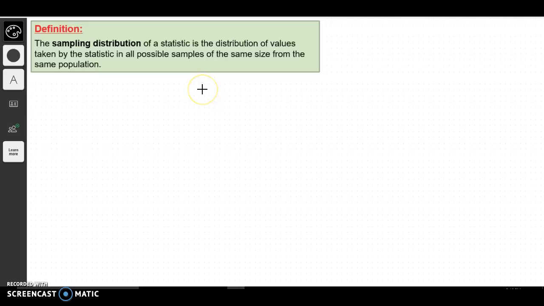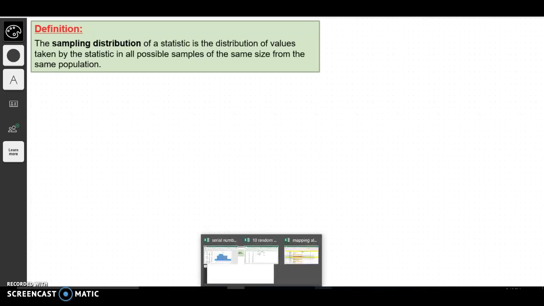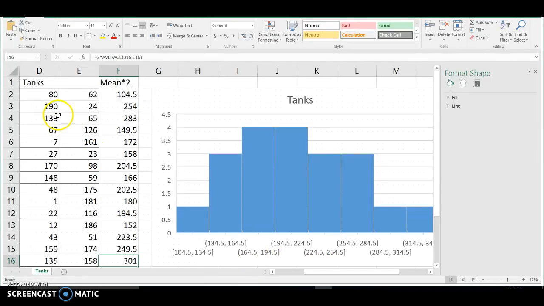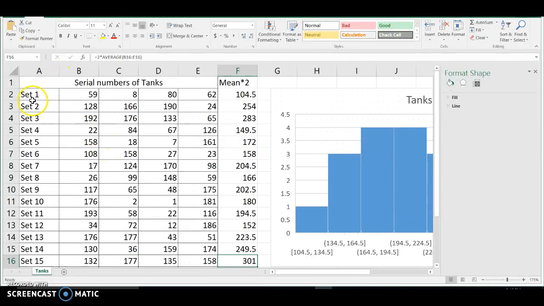The next thing that we have is called a sampling distribution. A sampling distribution is the distribution of the values of all the possible statistics. So we started making a statistic distribution here.